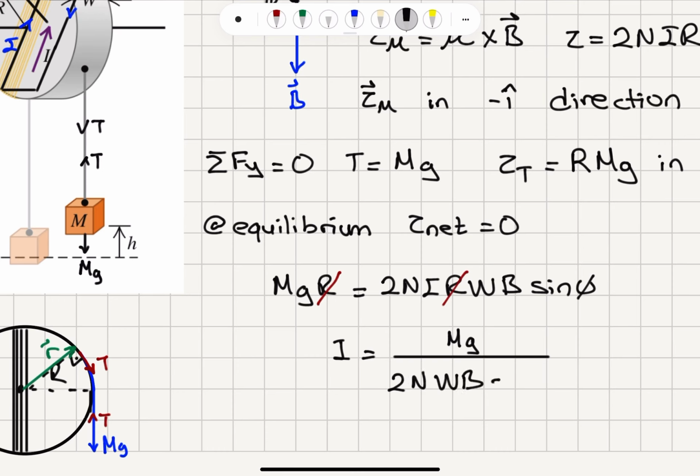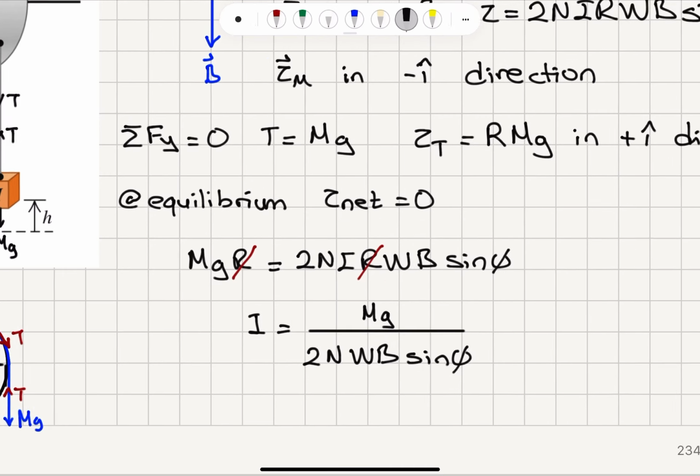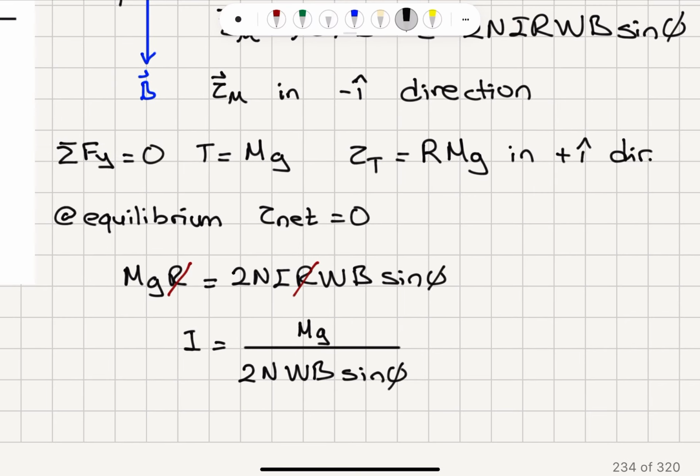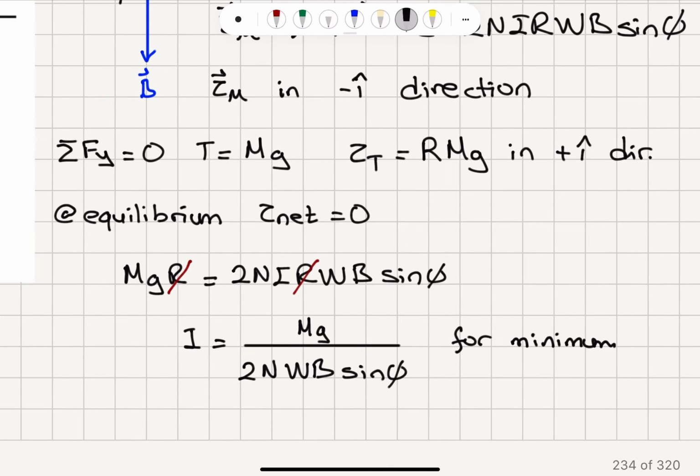w B sine phi. Now this current is to be minimized, so we can see for which angle this will be minimized. For minimum current, we require a maximum sine phi, so that means phi has to be equal to 90 degrees, so that sine phi is equal to 1.